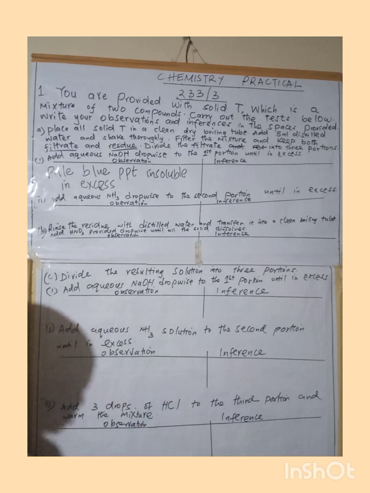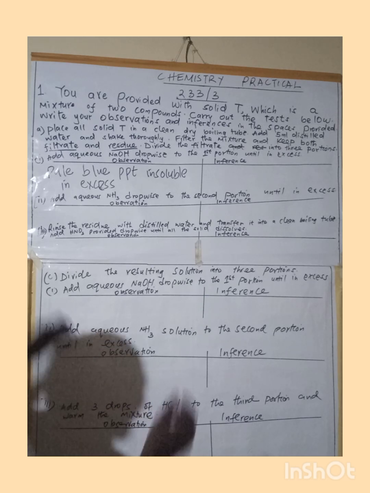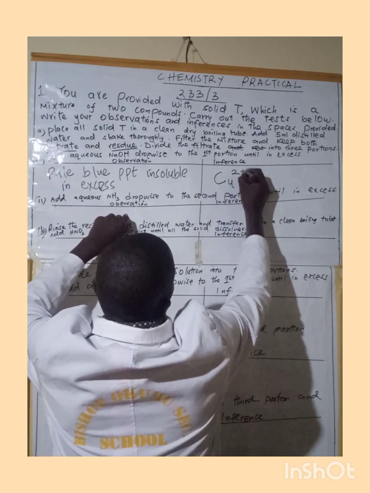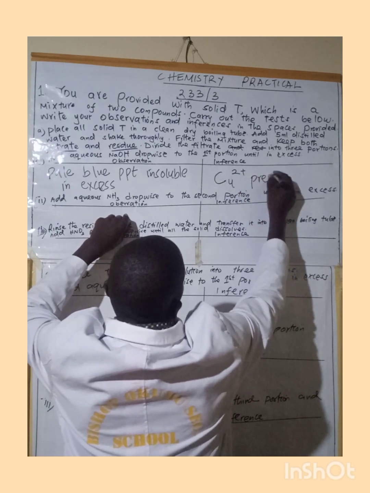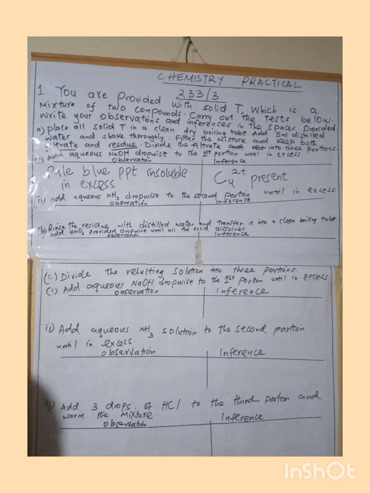So that is what was seen in this experiment. A pale blue precipitate which was insoluble in excess. So for that case, the inference will be copper ions present, because we know it is copper ions which are blue in color.